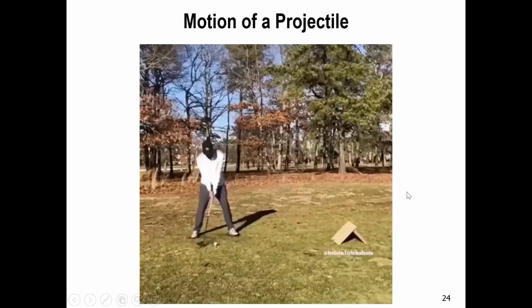Now, an example of a Cartesian coordinate system that we use very frequently in different areas could be the motion of a projectile. Now, I'm not sure how well you can see this video, but this is a nice example of projectile motion. If it works. Oops.